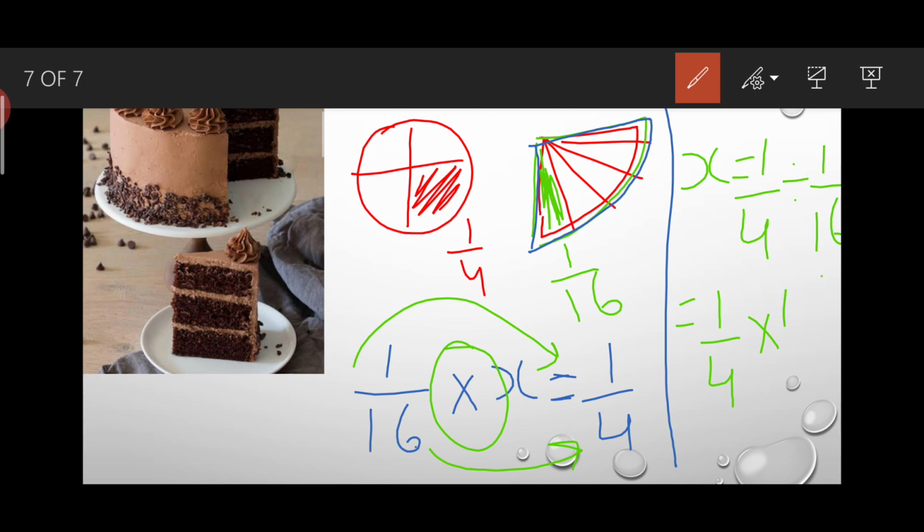It will be 16 divided by 1. Now you can see the 16 comes in the table of 4, that is 4 4s are 16. So our answer is 4. That means that you have divided that 1/4th portion of cake into 4 equal parts, 1 2 3 and 4, such that each part is 1/16th.